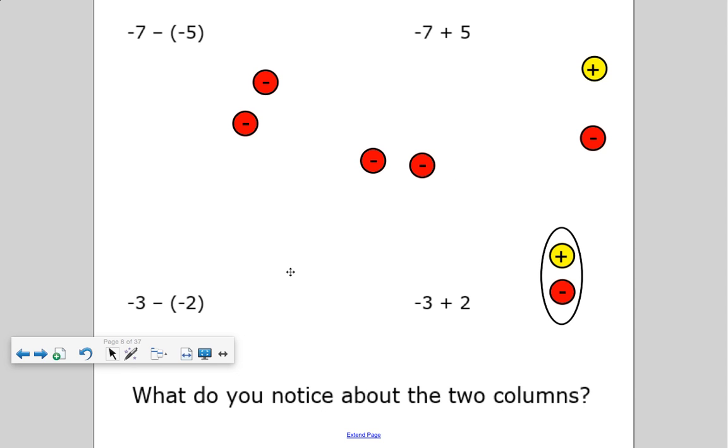They both have the exact same value. So how can I rewrite the subtraction expression into an addition expression? Because if you know how to do addition, you pretty much know 85% of how to subtract integers. They both started with negative 7. This was a subtraction. This is an addition. This is a negative 5, while this is a 5.